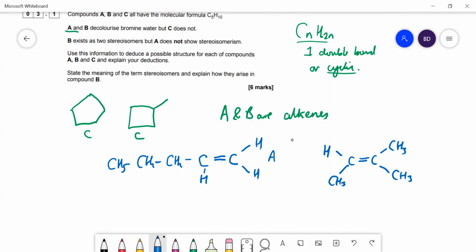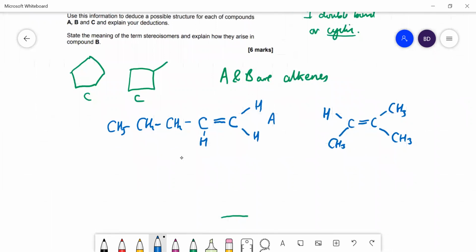Now B does show stereoisomerism. So all we've got to do is draw the double bond here, and let's do B. We've got to make sure that it does have 2 separate groups. So let's keep it as simple as possible. We can have an H on one and a CH3 as the other group there.